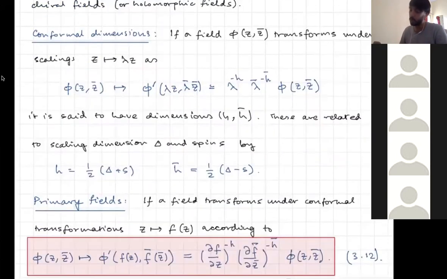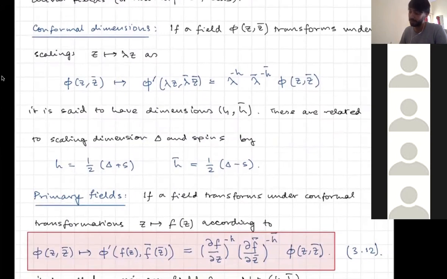And we said that we define conformal dimensions of a field by its weights h and h bar, under which it transforms under scaling Z goes to lambda Z.